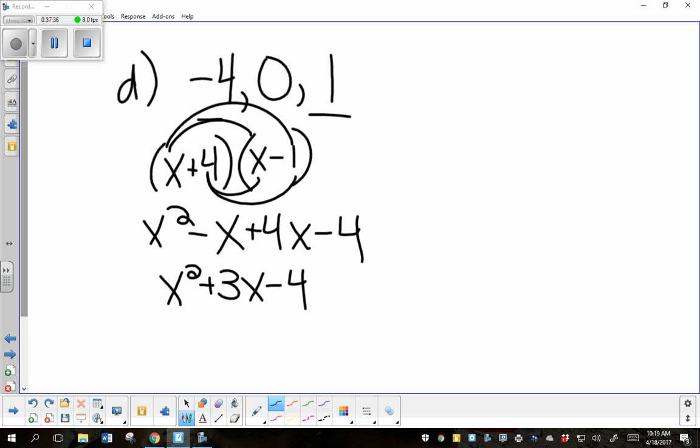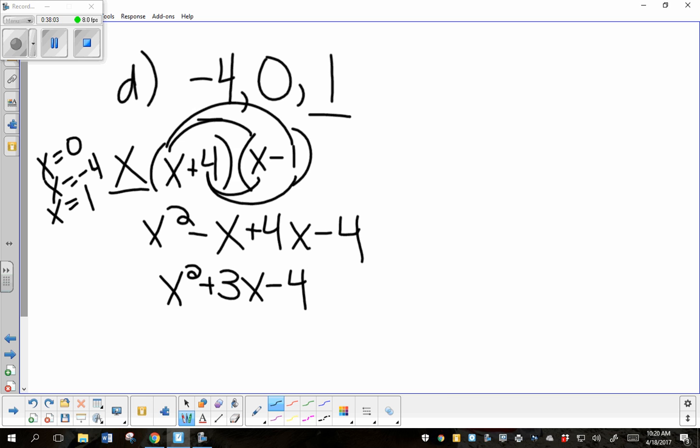Do you guys know what I could write right here to make sure that one of the factors would equal 0? No, we want x to equal 0. So this would make x equal negative 4 if I set it equal to 0. I can put an x on the outside because then I would get x equals 0. I would get x equals negative 4 from this guy, and I would get x equals positive 1 from this guy.